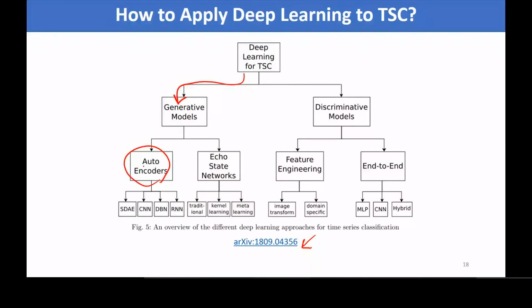And I will take another example from end-to-end using discriminative models, which is just taking the raw data and trying to guess from the start to the end what the features are, then extract the class. This is using multi-layer perceptrons and convolutional neural networks.